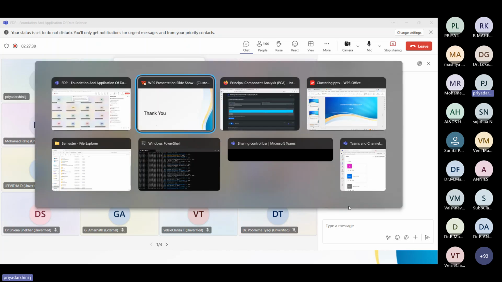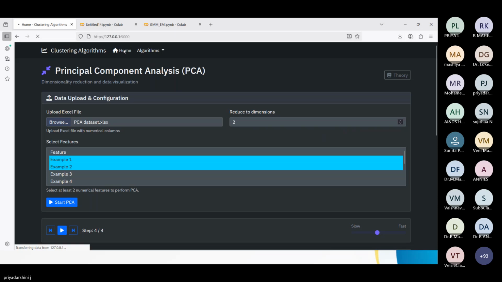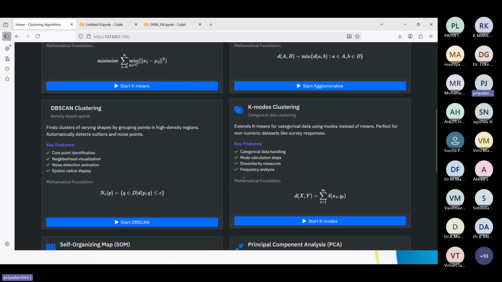Going on with another clustering model, we call it K-modes. Like the K-means algorithm, there is something called K-mode. K-mode is for when you have scales. When you go to a hotel, they ask you for feedback.